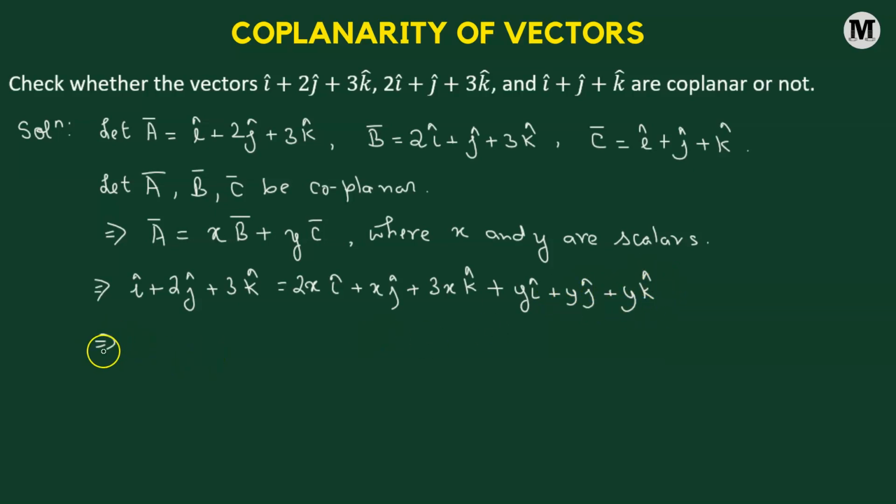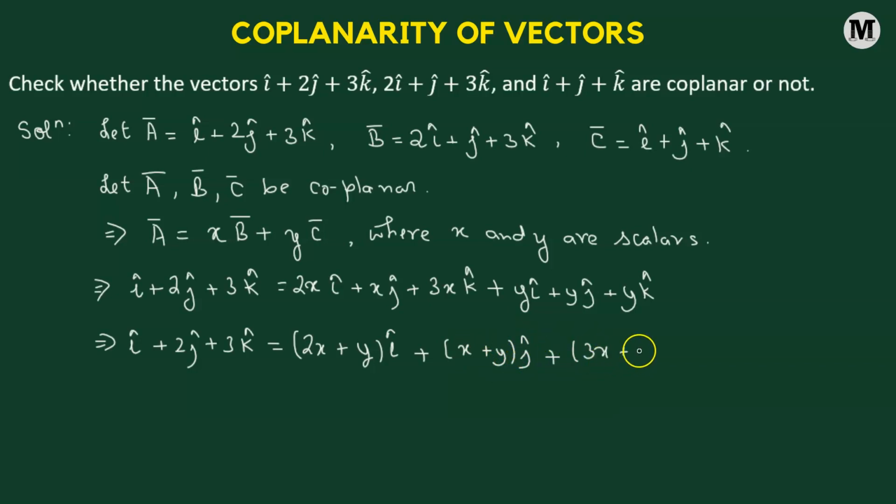We'll combine the like terms on the right hand side. So we have 2x plus y as the coefficient of i cap, then x plus y as the coefficient of j cap, and 3x plus y as the coefficient of k cap.